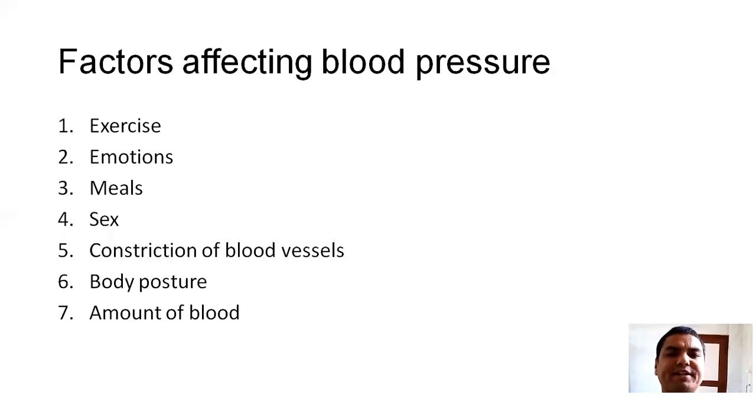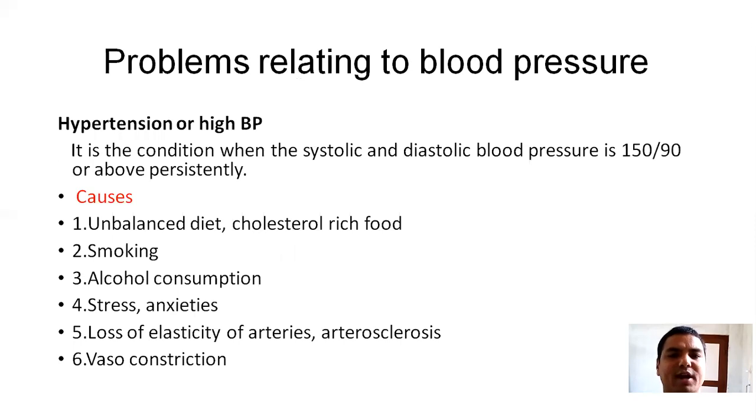Some factors affecting blood pressure are explained here: exercise, emotions, meals, sex, contraction of blood vessels, body posture, amount of blood are some factors which affect blood pressure. Problems relating to blood pressure: hypertension or high BP. It is a condition when the systolic and diastolic blood pressure is 150 by 90.